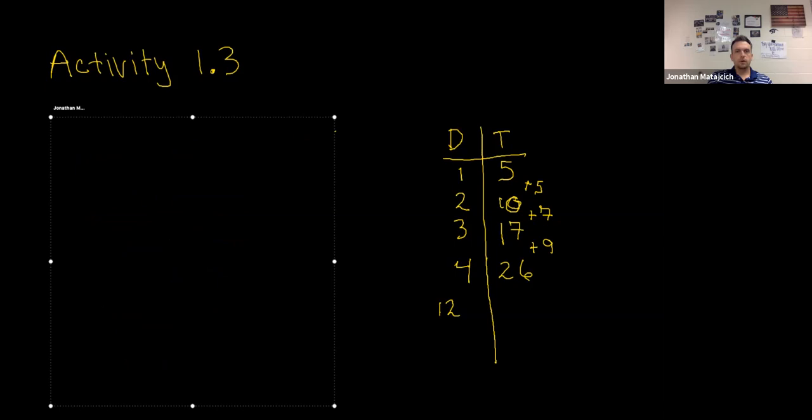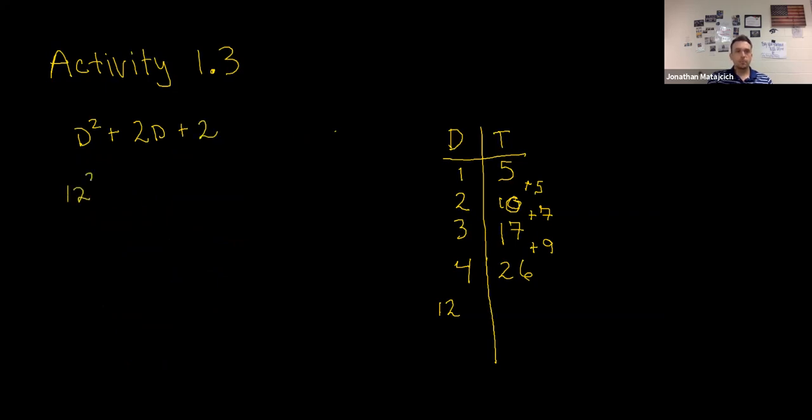So our equation was d squared plus 2d plus 2. So if I plugged in 12, I got 12 squared plus 2 times 12 plus 2.